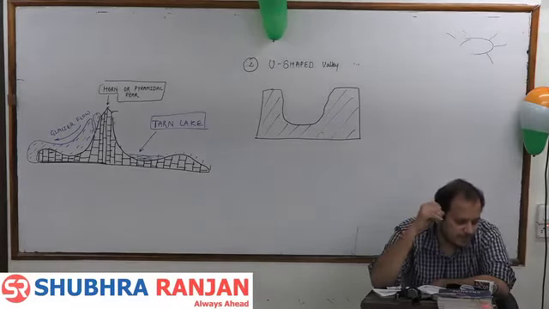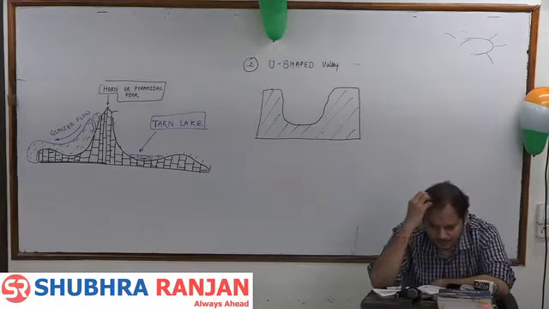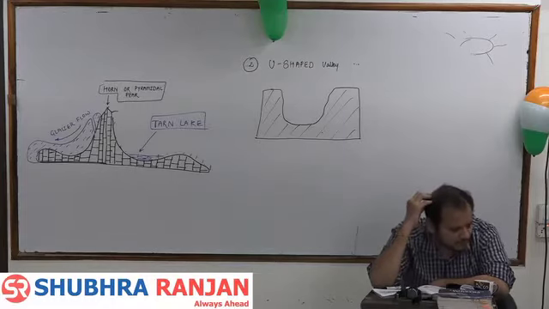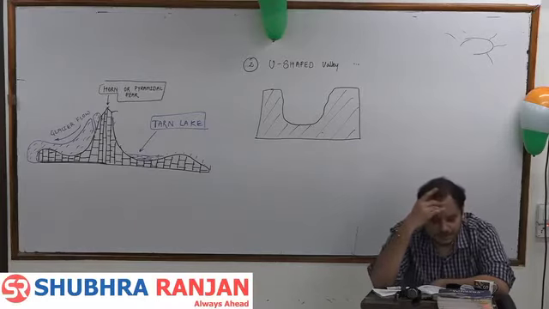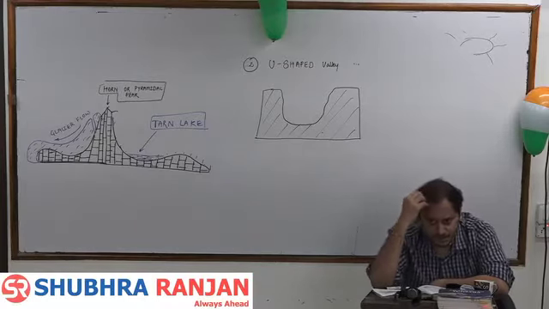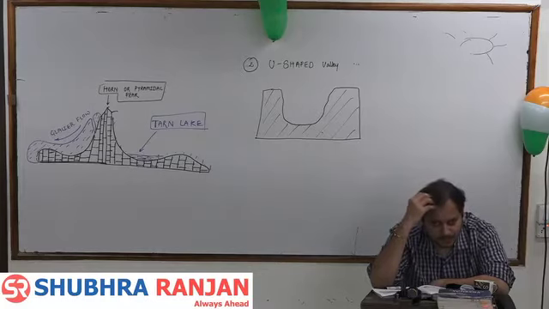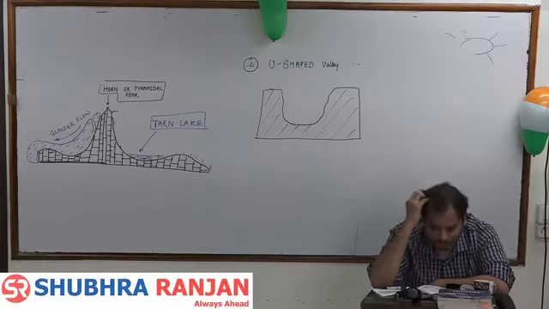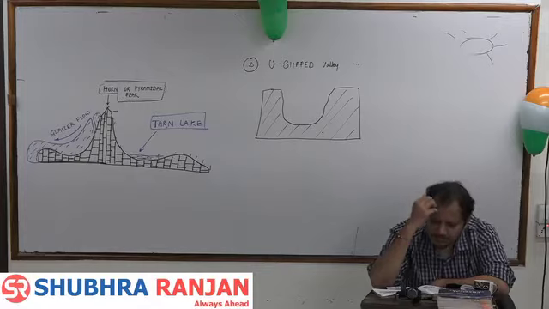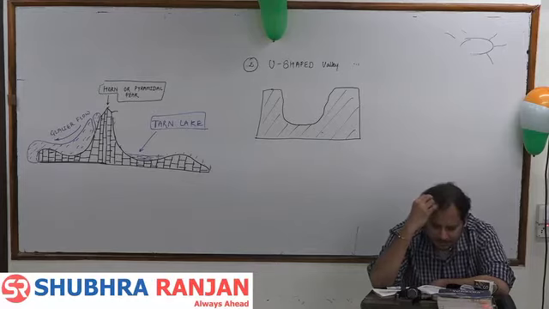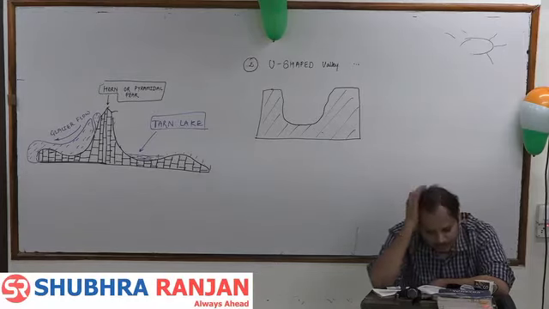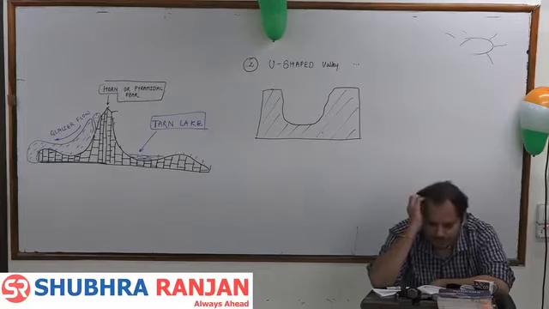Generally U-shaped valleys are modification of existing V-shaped valleys, which were earlier formed by the rivers, but after glaciation got converted into U-shaped valleys.